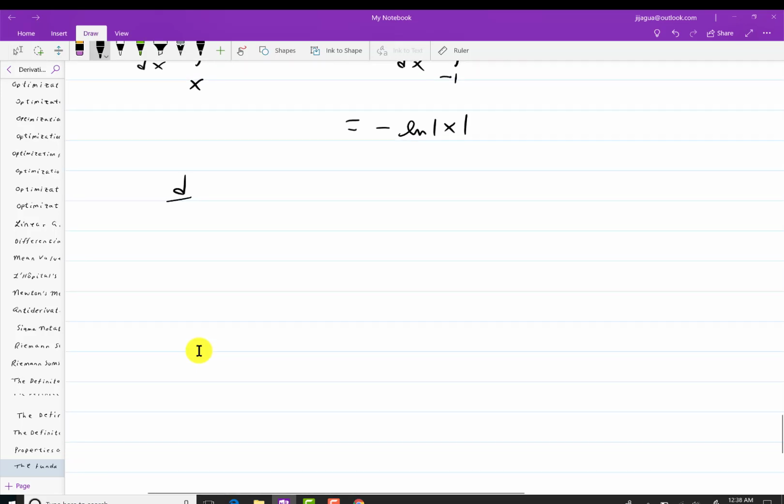D over dx of the integral from 0 to x cubed of 1 over t squared plus 1 dt will equal, once again I'll take the upper limit and plug it in there, so I'll get 1 over x cubed squared plus 1.